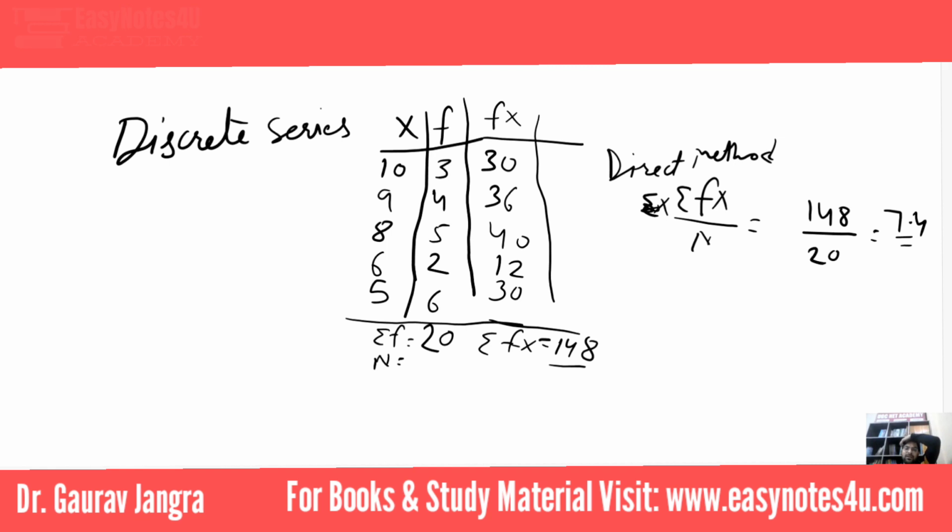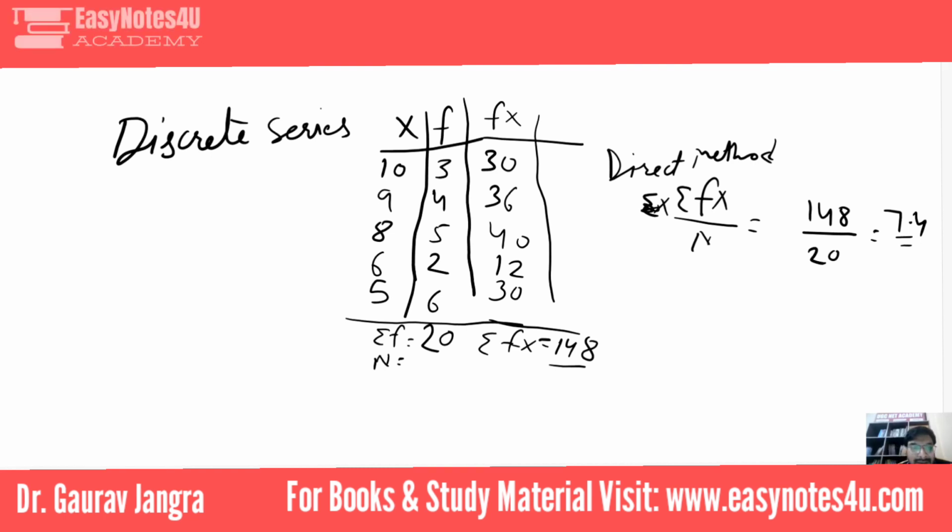Okay, so if we want to calculate the same value by taking the deviation from each and every value, we can say that is the assumed mean method. So how can you calculate it through the assumed mean method?